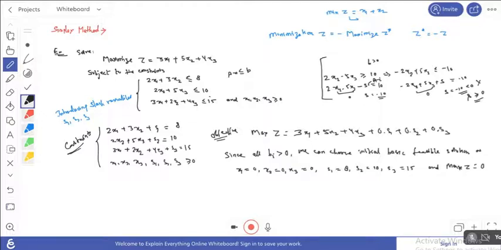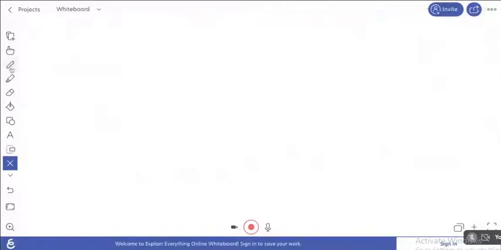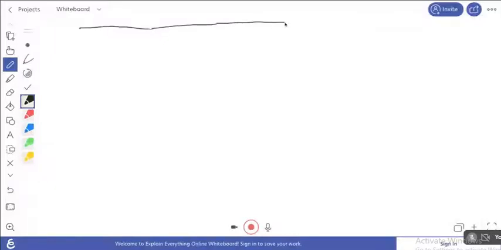So our initial table is the initial solution, so we have to draw the table like that.